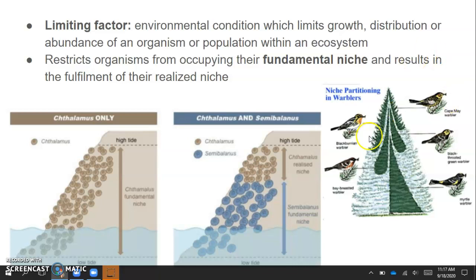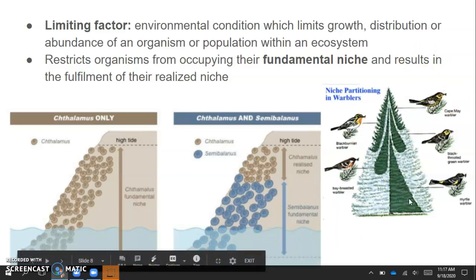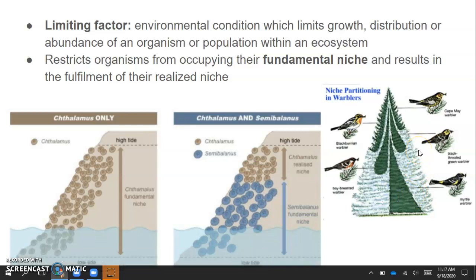So these different warblers might be adapting to eat different types of organisms in order to avoid competition with the other warblers. Because they are having to find other food sources, they are not able to realize their fundamental niche because they're having to work around the other warblers, and they are in their realized niche.